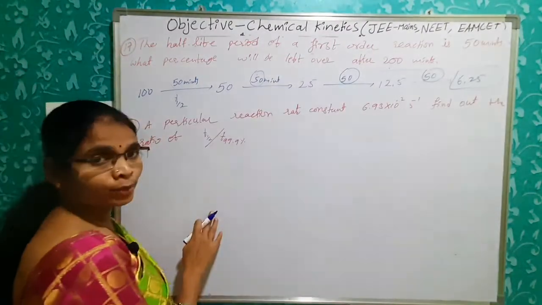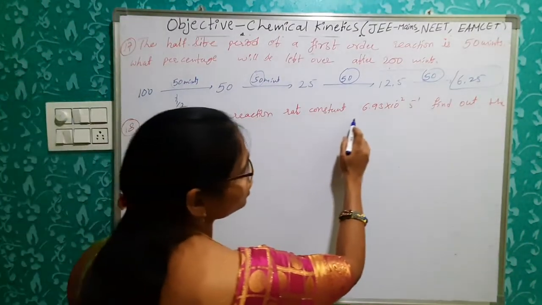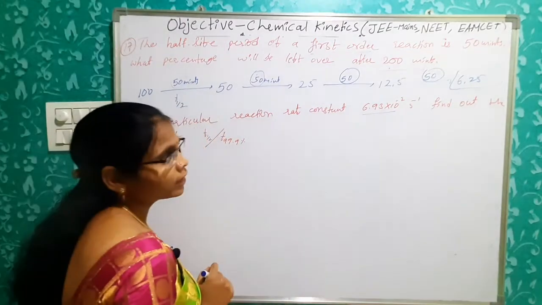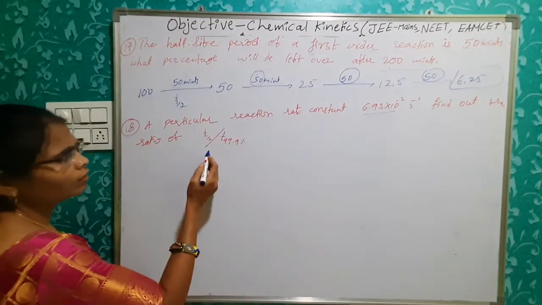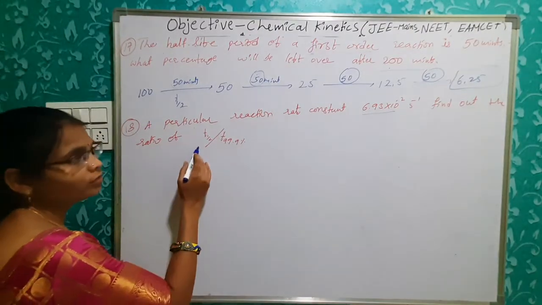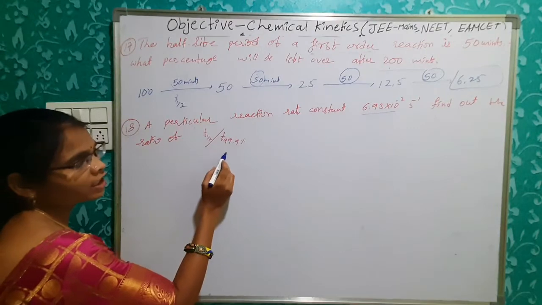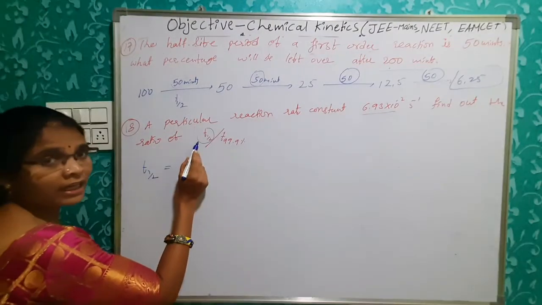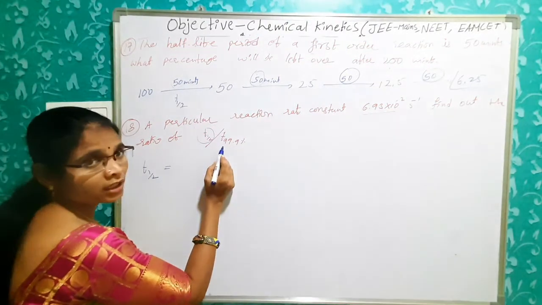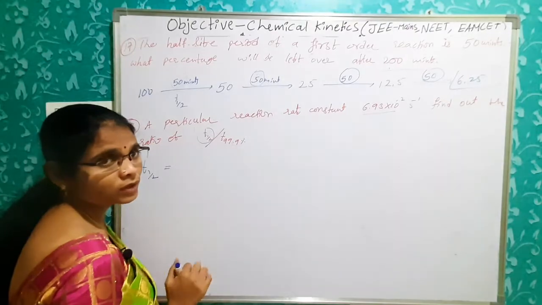Clear? 18th problem. For a particular reaction, the rate constant K is given as 6.93 into 10 power minus 2 second inverse. Find out the ratio of T half by T 99.9%. First of all we have to calculate T half, then T 99.9%, after that we do the ratio.